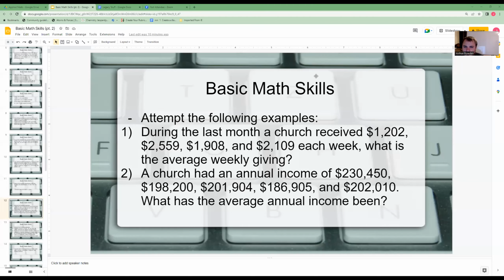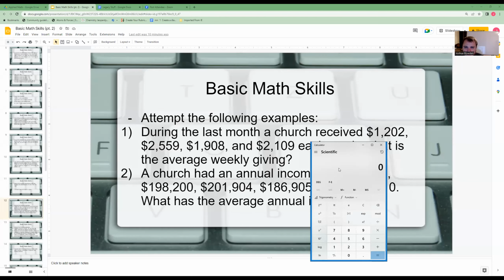Maybe if I share, yeah, it won't let me. Okay, here we go. Control share. So I think now, yeah, there we go. Now you can see the calculator. Yeah, okay, good.